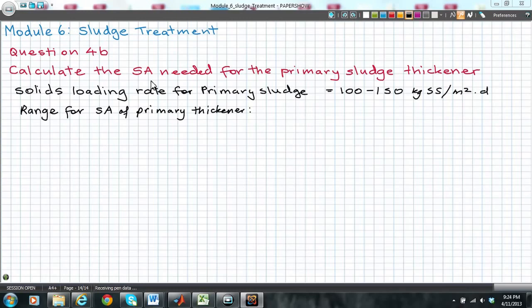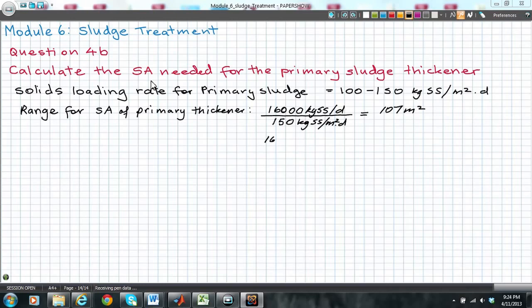So the lower part of the range is going to be firstly our solids mass flow in, which is 16,000 kilograms of suspended solids per day, and we're going to divide that by the solids loading of 150 kilograms of suspended solids per meter squared per day, which gives us 107 meters squared.